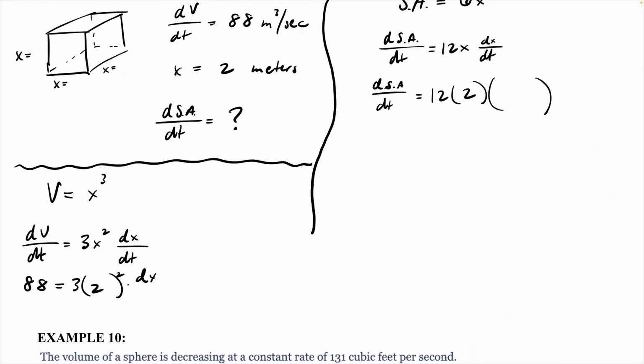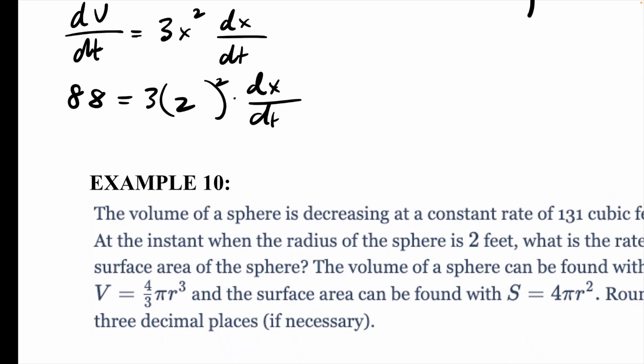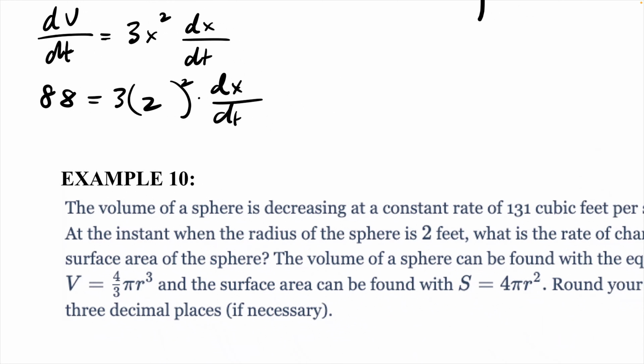I don't know what dx over dt is, but that's my only variable left. So what is dx over dt going to be? I'm running out of space here, but what will it be? What will dx over dt be? 88 over 12? Yeah, reduce it. Reduce as far as you can go.